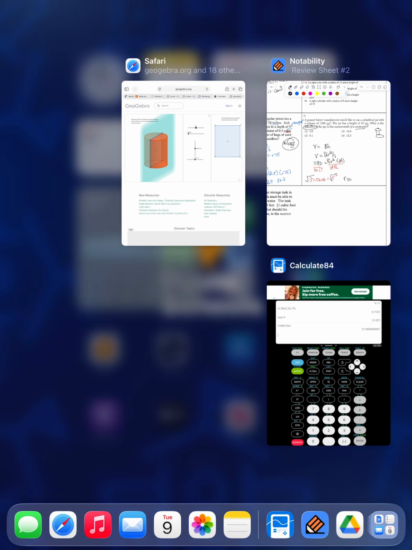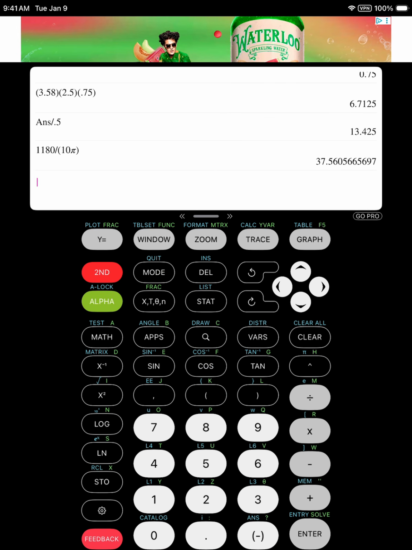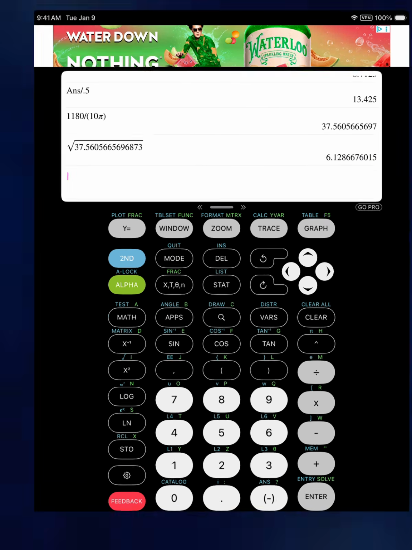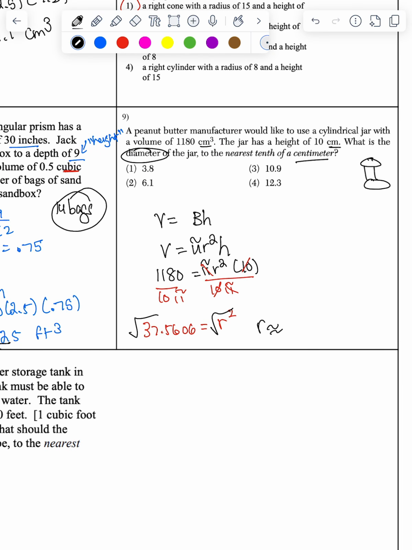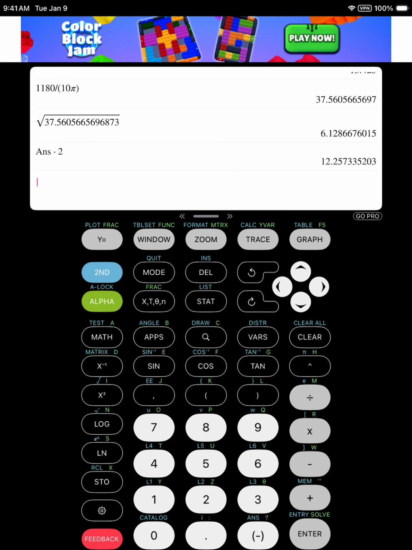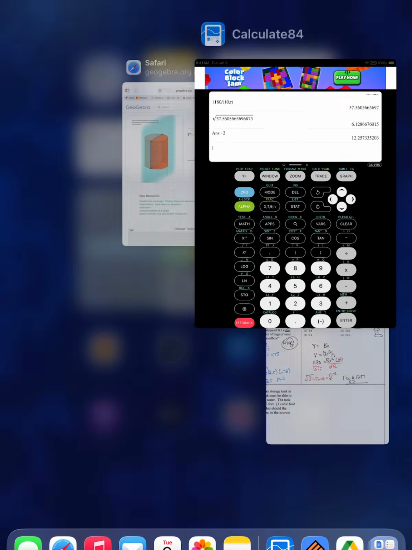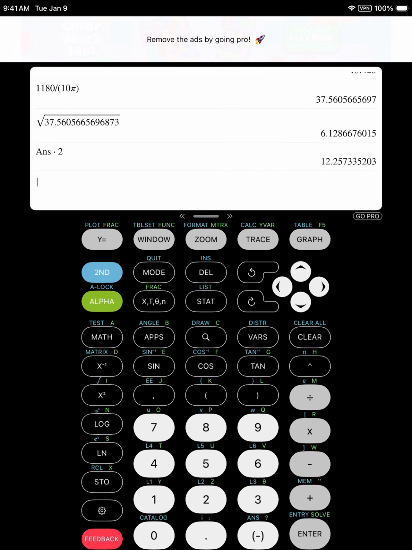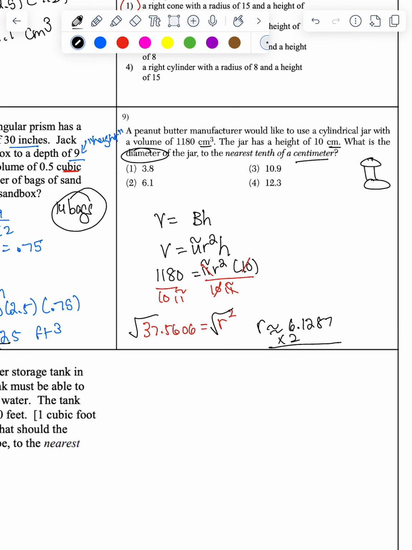And r is approximately 6.1287. And we do need the diameter, so we're going to multiply the radius by 2 in order to get the diameter. And we are rounding to the nearest tenth, so that's approximately 12.3 for the diameter.